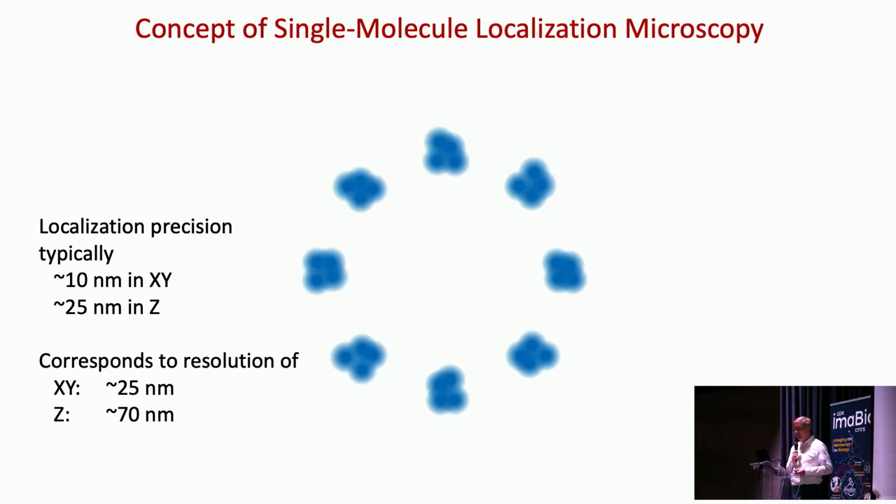So the resolution we get with these microscopes is roughly 10-fold better than what we get with diffraction limited microscopy. So 250 nanometers becomes 25 nanometers, and 700 nanometers in the depth direction becomes about 70 nanometers. We often talk about the localization precision, and that can be a little bit confusing.